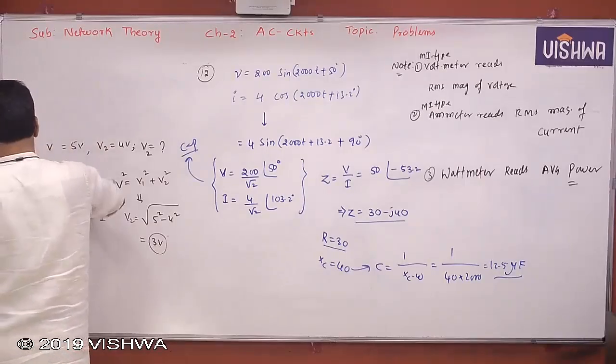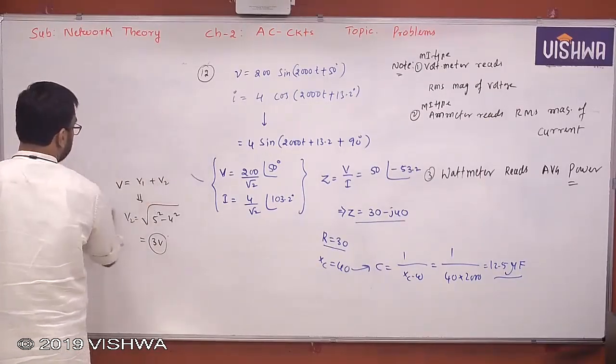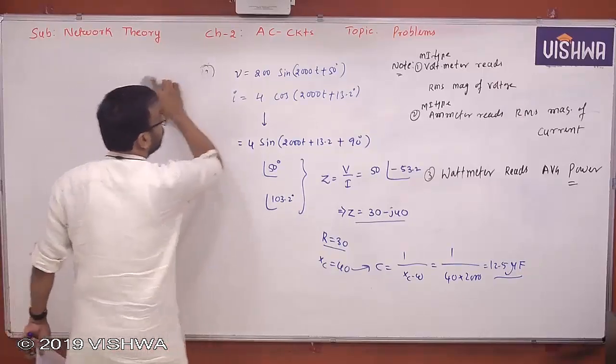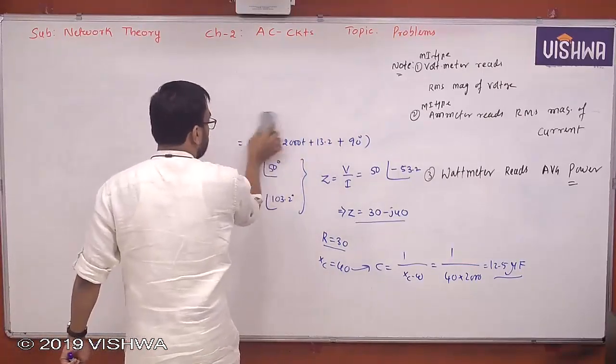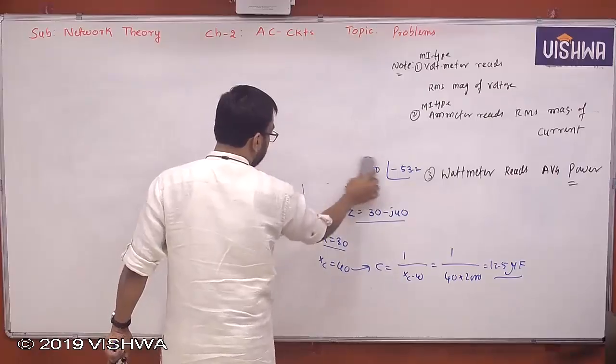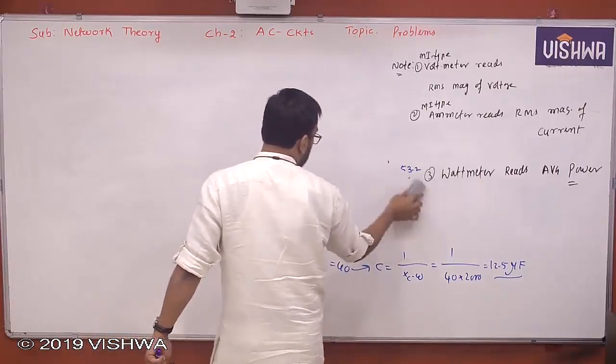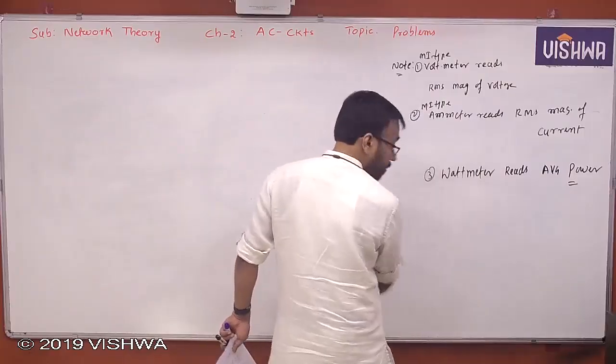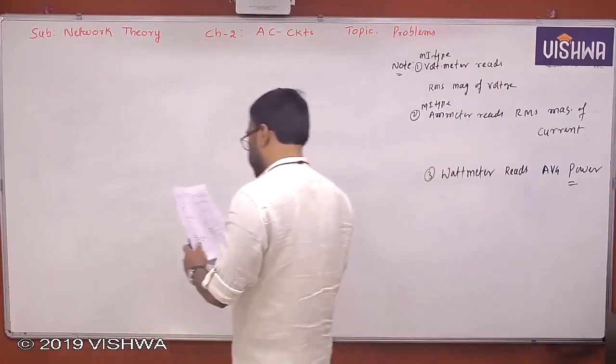14th problem. It is also on similar lines to the 13th problem. But now I am taking an RLC series circuit. Go through that question, all of you. What is the 14th problem?